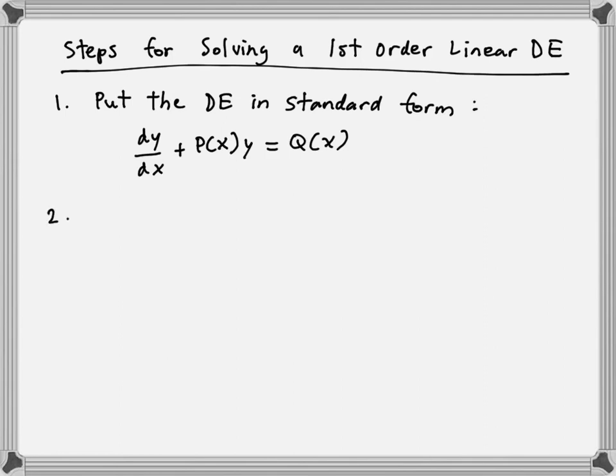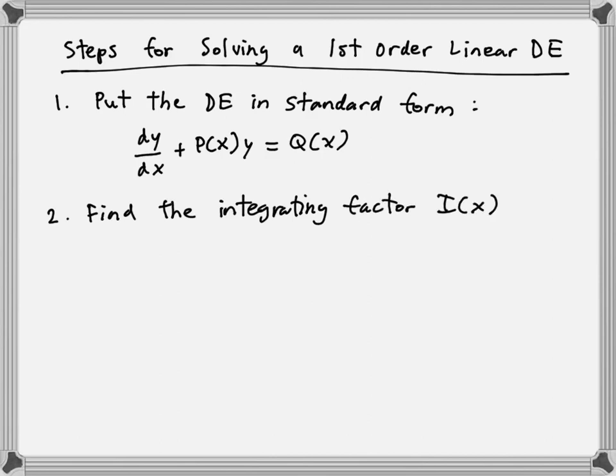Step 2, find the integrating factor. Okay, the way that you find the integrating factor, remember we wrote down our formula. You're going to do e to the power of the integral of p of x dx. Okay, so you need to take the integral and then do e to the power of that.